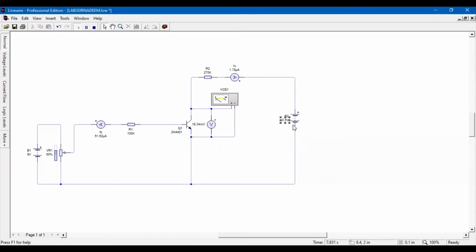When we see it at 0.5 volt and IB at 50 microampere, the IC will be 1.78 microampere.